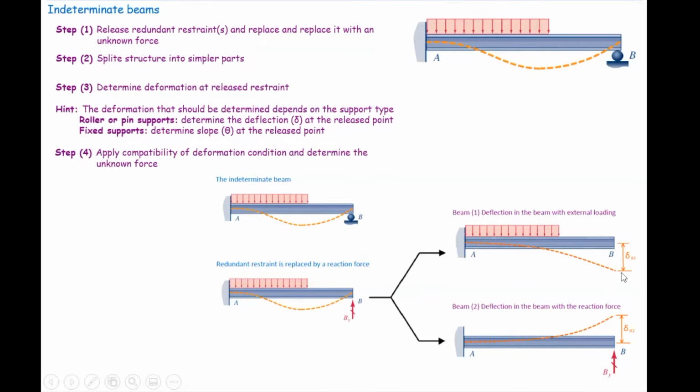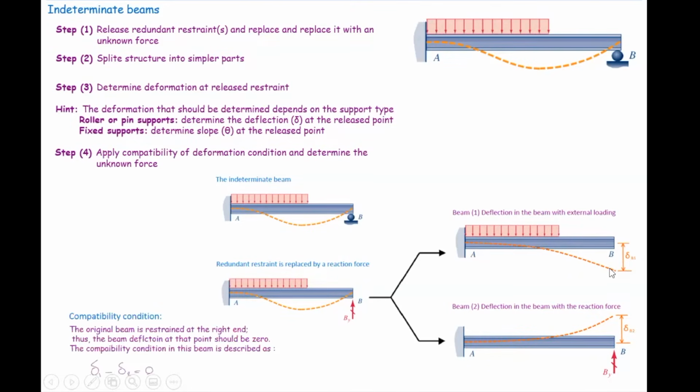The downward movement of joint B in beam number 1 should be equal to the upward movement of joint B because of this release support. Then I would just write down the compatibility of deformation, and that gives me the extra equation we need in order to solve the reaction force for this structure.